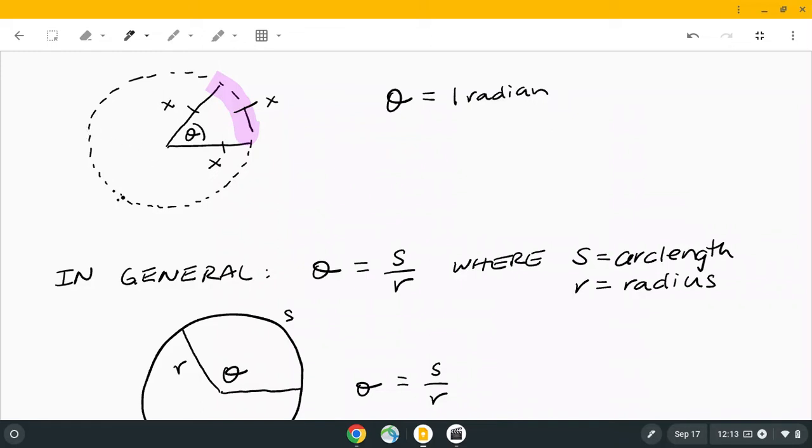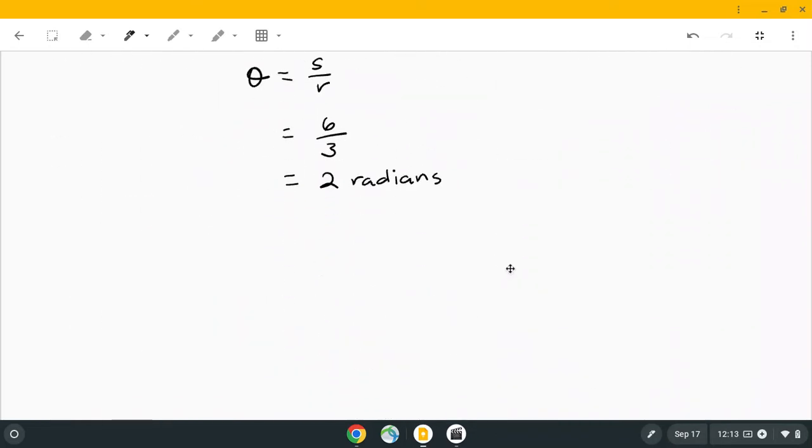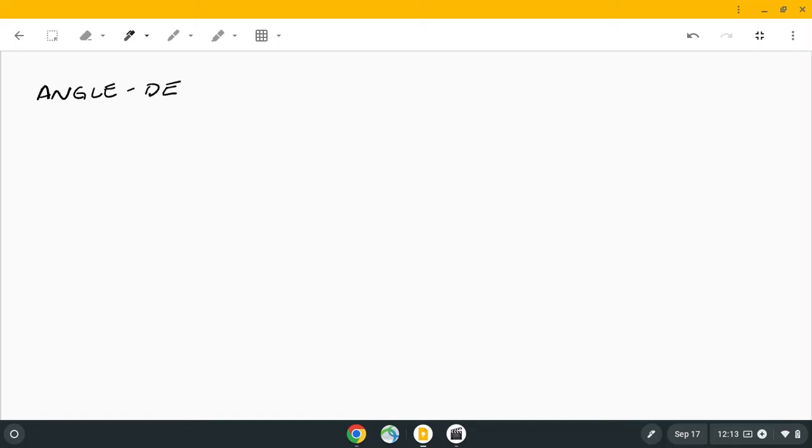And then 4 radians would be here, 5, and then 6-ish. Okay, so let's revisit that. And let's take a look at the angle in terms of the degree and radian relationship.